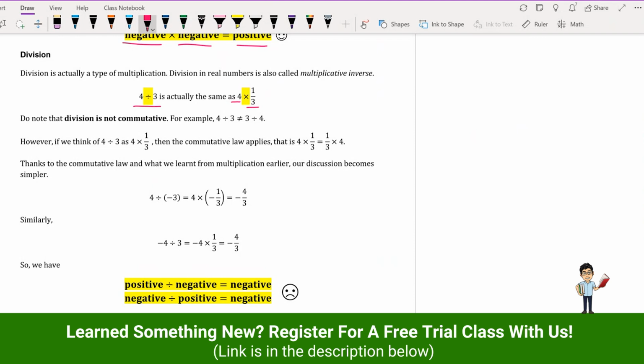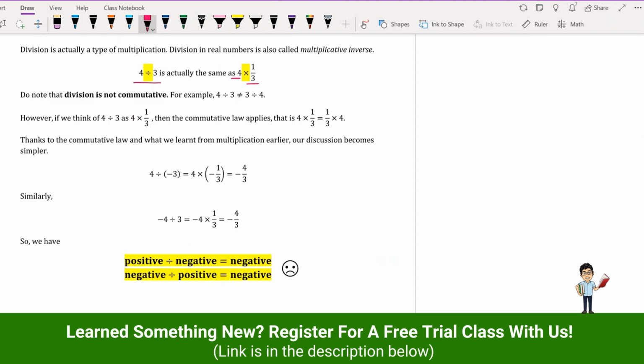Now, because divide is the same as multiply, when we have 4 divided by -3, it is the same as 4 multiplied by -1/3. And from what we learned earlier on, positive times negative is negative. Make sense? So in other words, when we have positive divided by negative, we end up negative.